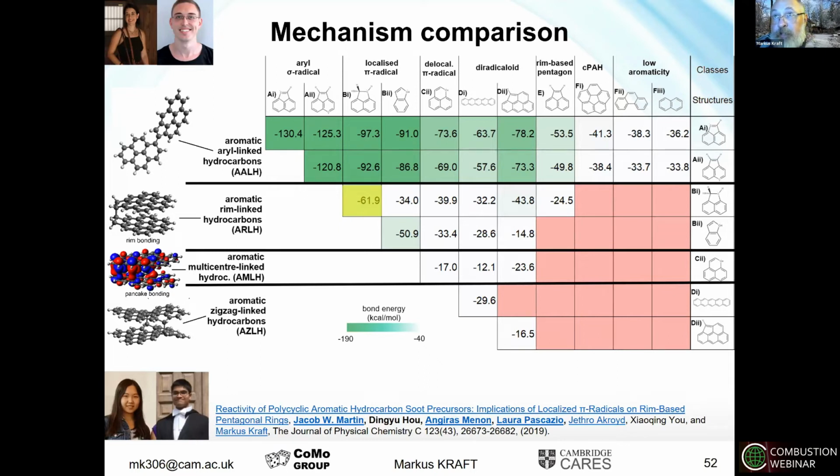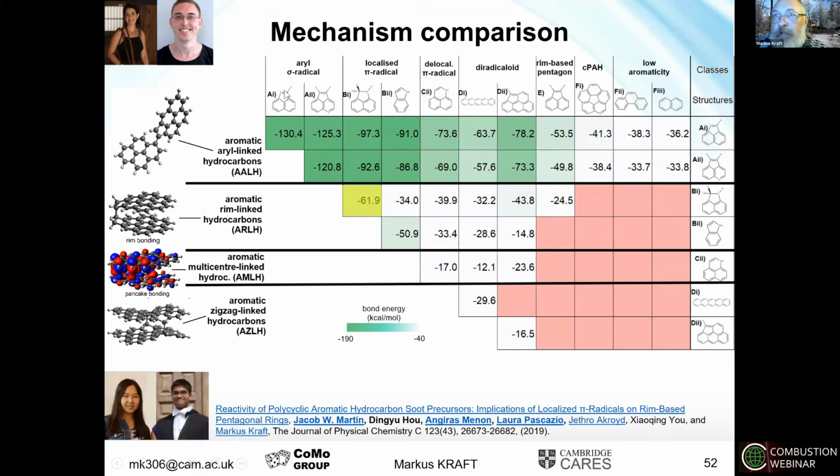So again, Jake took the initiative and created this beautiful interaction matrix, okay? Here you distinguish between classes and structures. So you look at sigma radicals, localized pi radicals, delocalized pi radicals, diradicaloids, rim-based pentagons, curved PAHs, and low aromaticity structures.